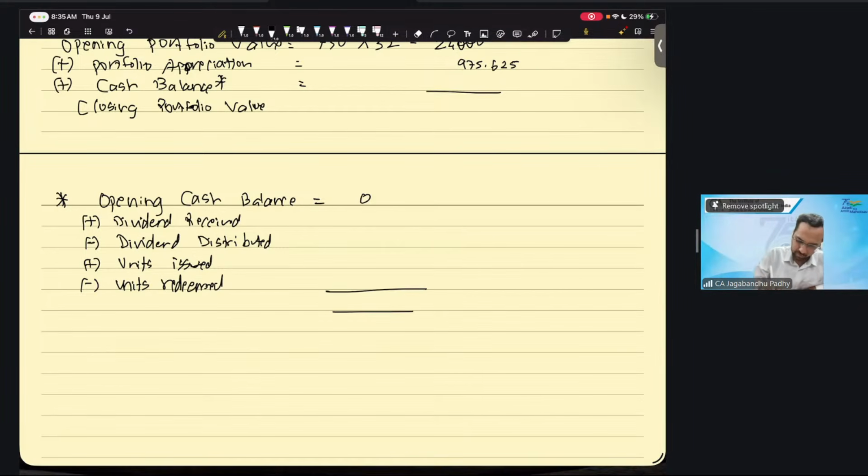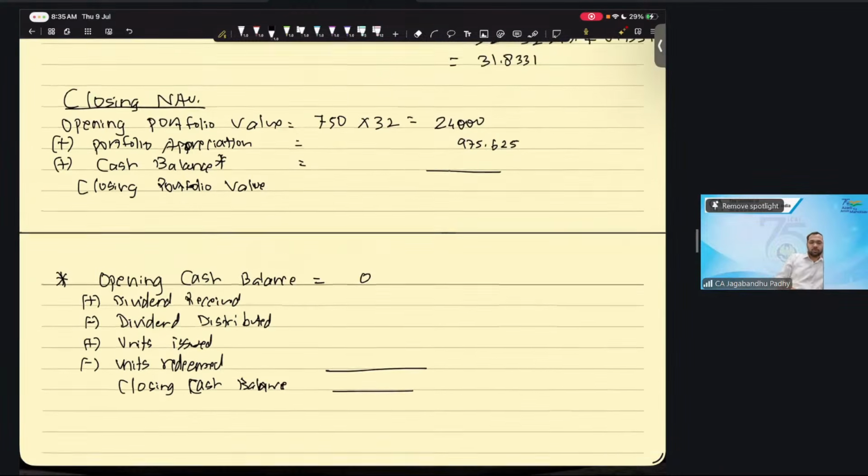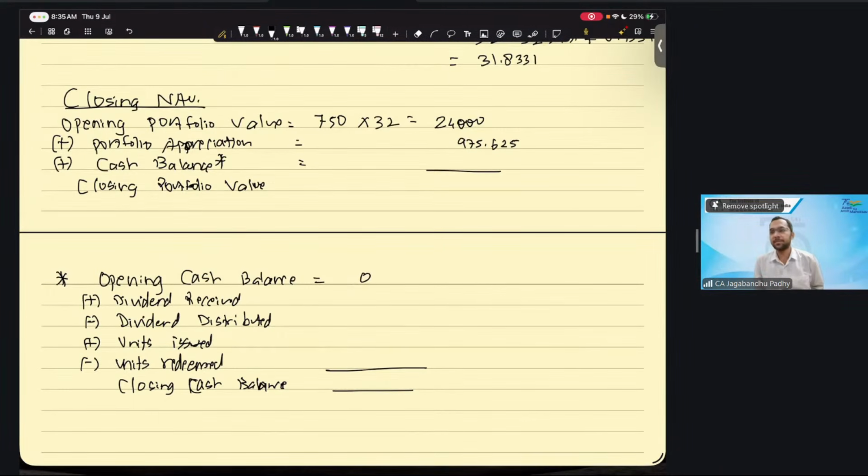And this is going to be your closing cash balance. Okay, so use this layout or use this format to calculate the closing cash balance.